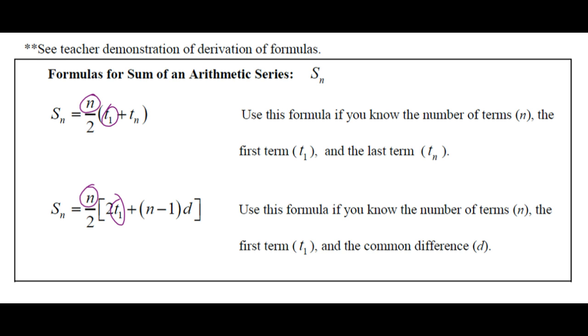The difference is that in this formula we have the last term, and in this formula we don't have the last term, but we know the common difference. We should be able to look at any series and figure out the common difference: just take a term and subtract the previous term. We also know we can find the last term, because we have a formula for t sub n.